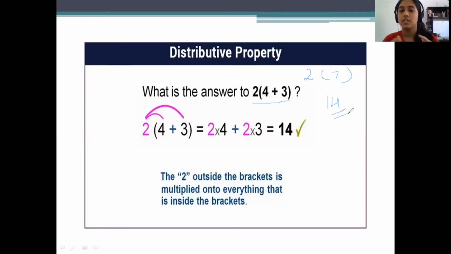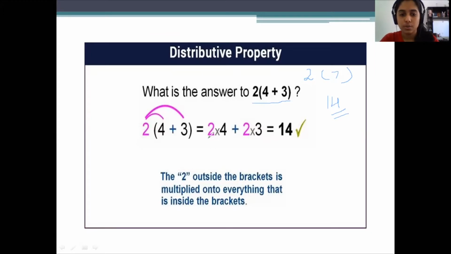But today we're going to see how we can use distributive property to solve 2 bracket 4 plus 3 in another way. So over here, 2 is going to be multiplied with 4 and then added to 2 multiplied with 3.